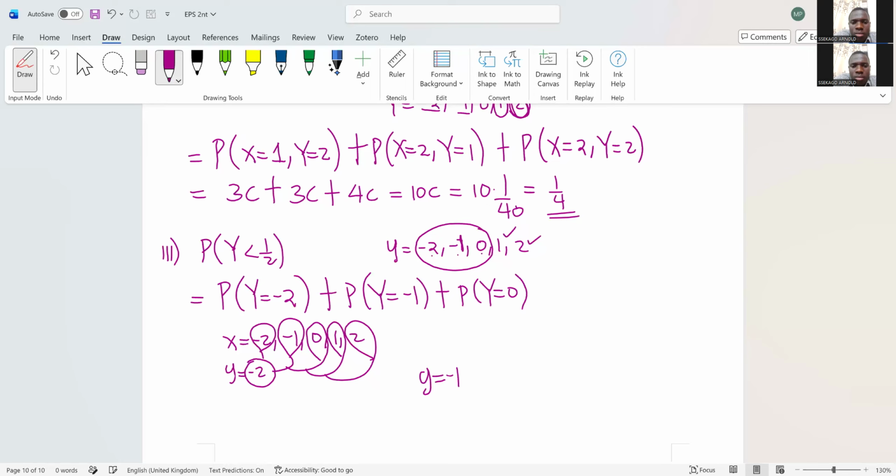You do that same thing for Y equals -1. For Y equals -1, Y is fixed, but X is varied. X is -2, -1, 0, 1, 2.